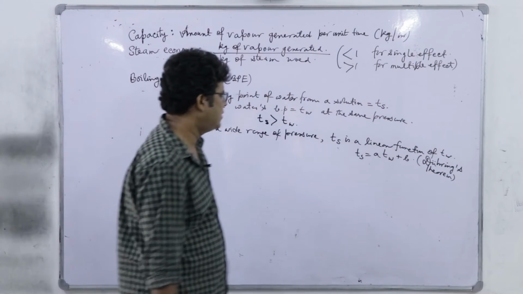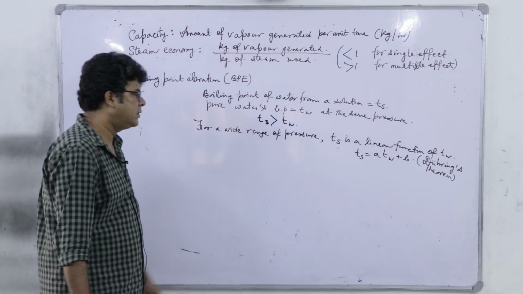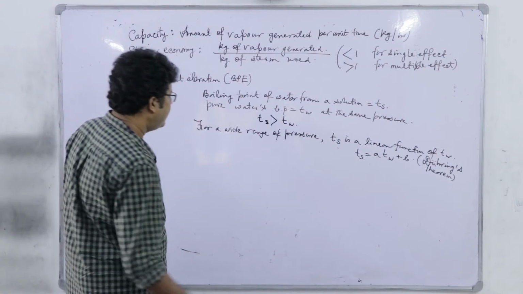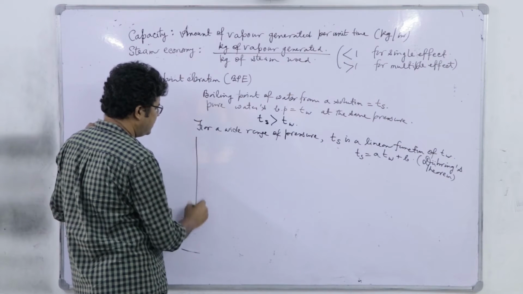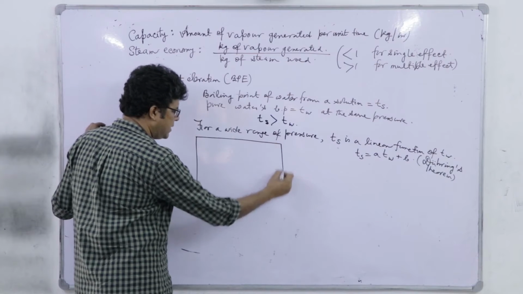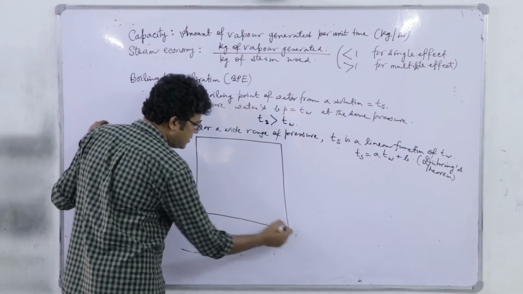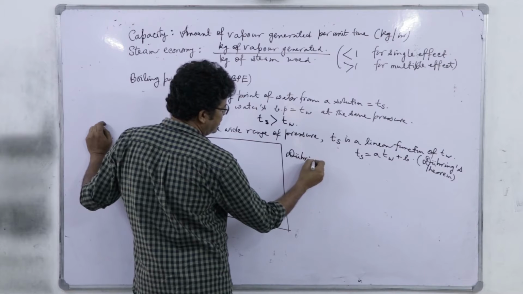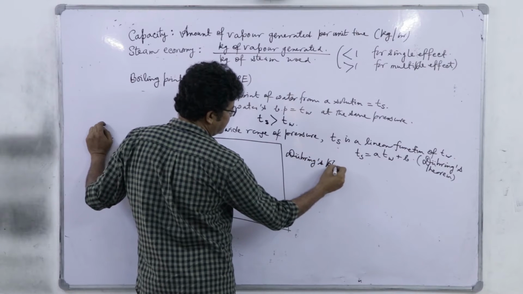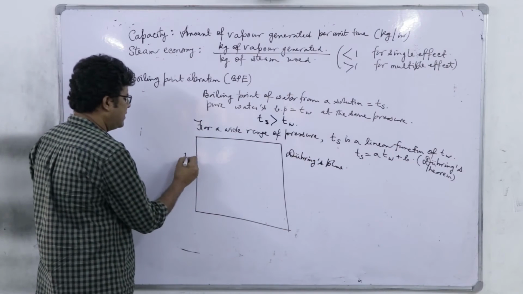Right. So, you see that the respective plot of Ts versus Tw is called the Duhring's plot. How does it look like?